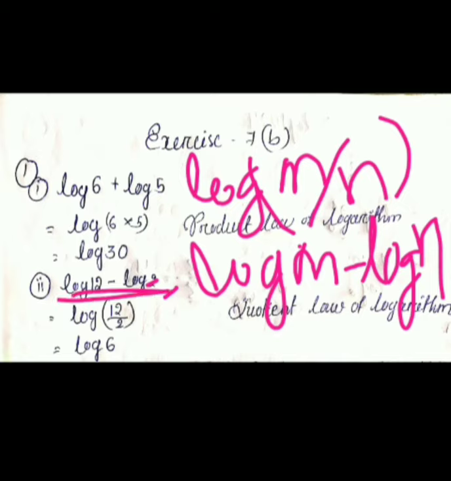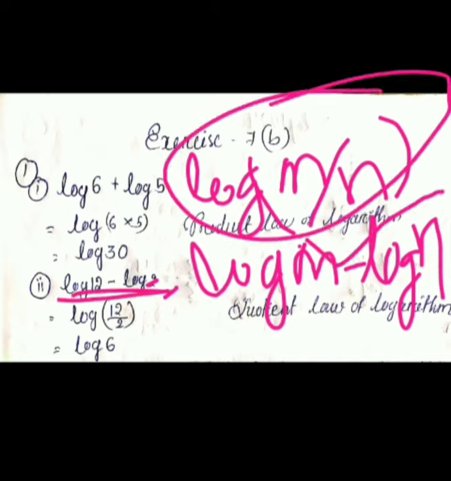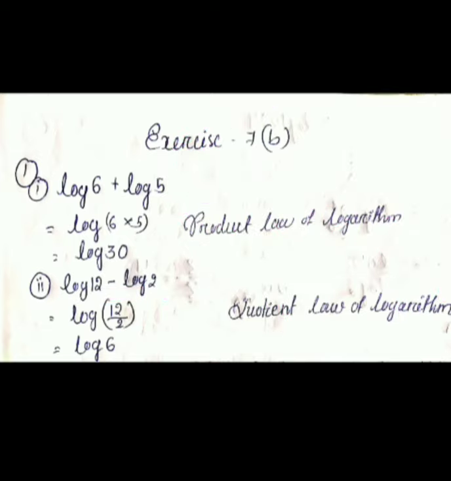So this is in the form of this and we have to write it in this form. Okay? So that's what we have written here. Log 12 by 2. So 2 sixes are 12, so we got log 6. Okay? This is the answer.